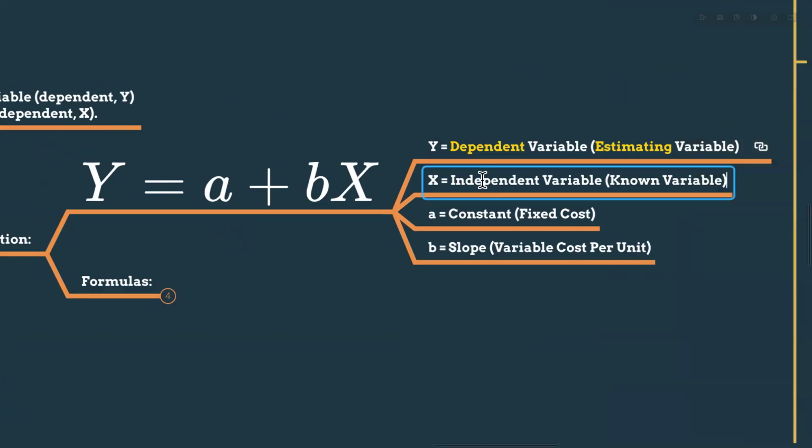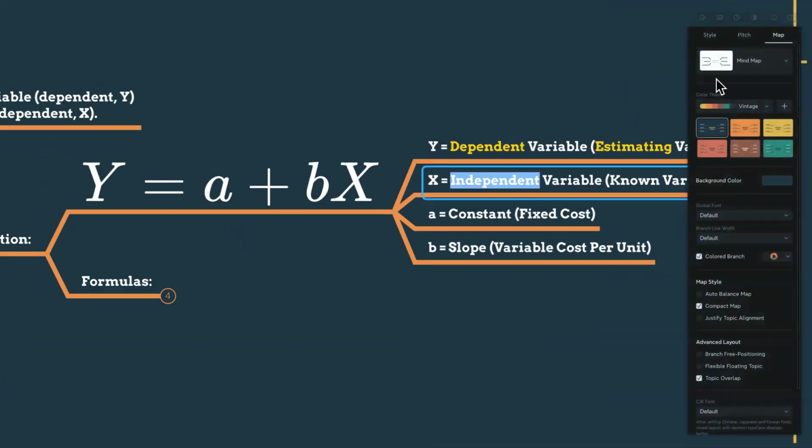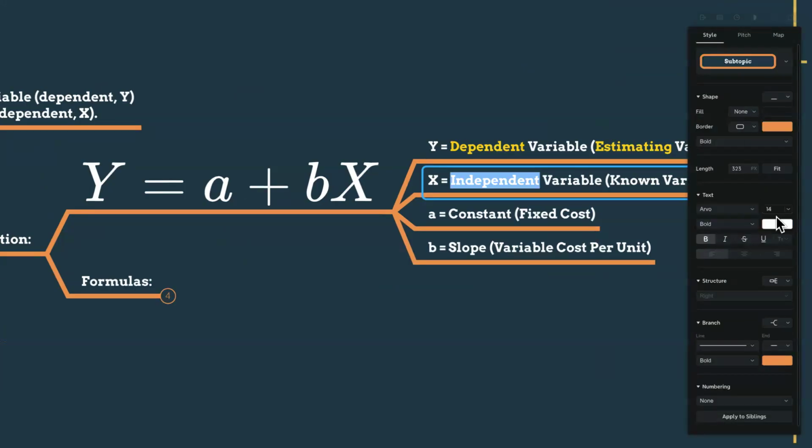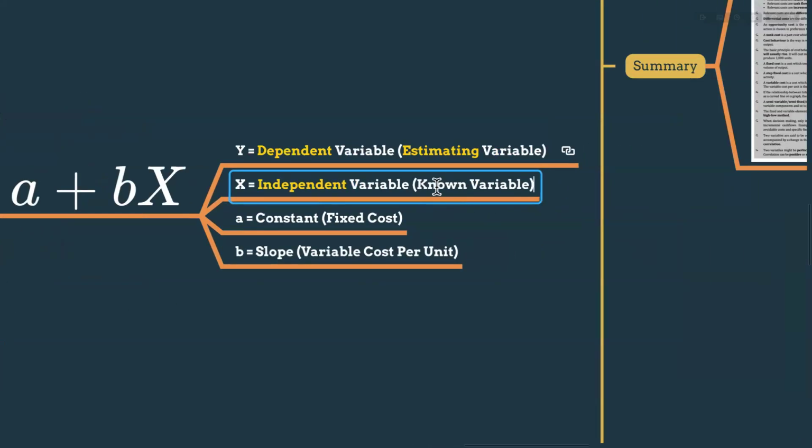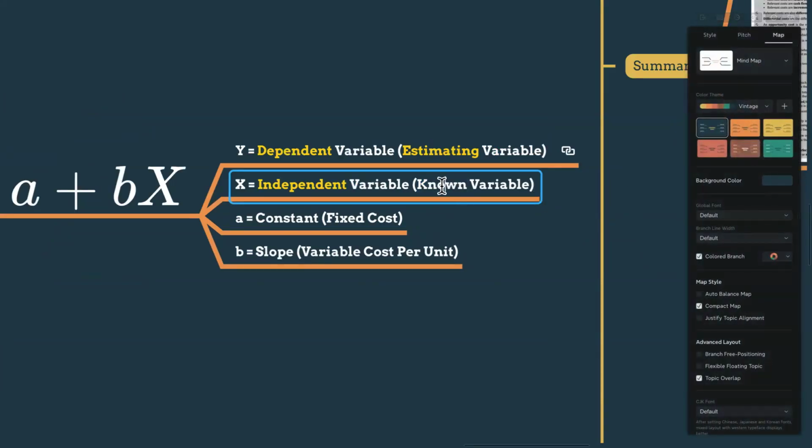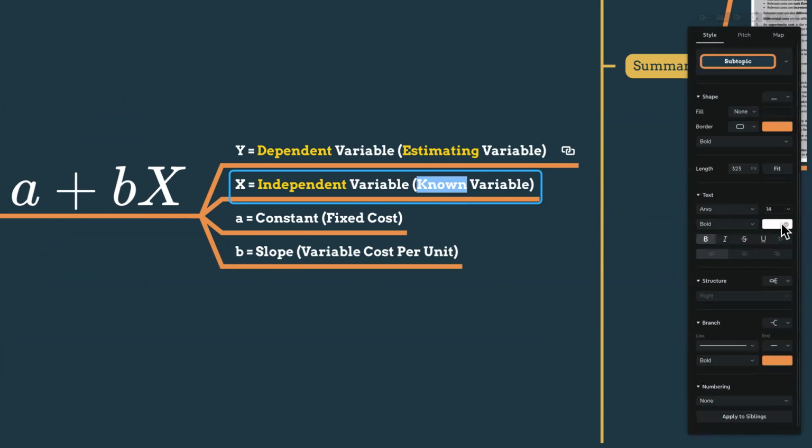The x is always an independent variable because it doesn't depend on anything. It changes first. This is a known variable also, a well-known variable of the business. So using this variable, we are going to estimate the y variable, the dependent variable.